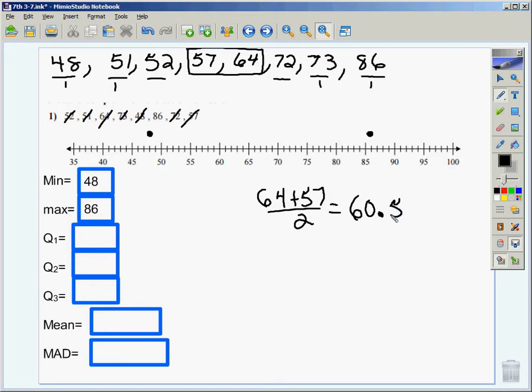We're going to go ahead and plot that point. So it's between 60 and 61. By the way, this is my min. This was my max. This is Q2. So what is Q2 equal to?